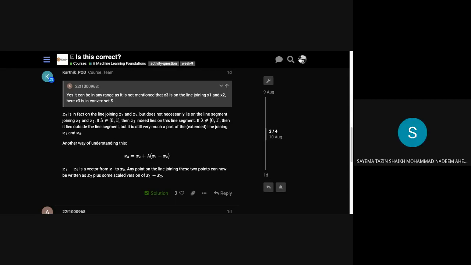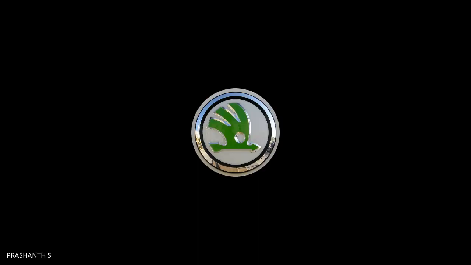Okay, sir. Understood. If the convex set is 1 comma 3 and we take x1 to be 1 and x2 to be 3. Prashant, what is your question exactly? You said that Karthik sir told that the lambda can be in any range.